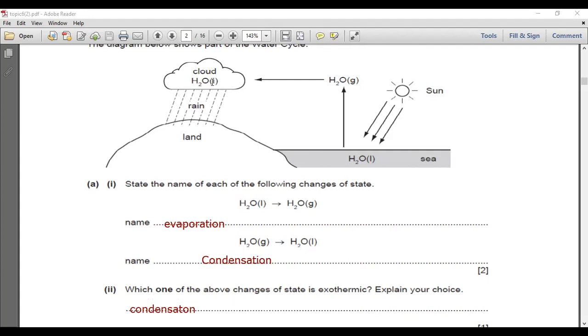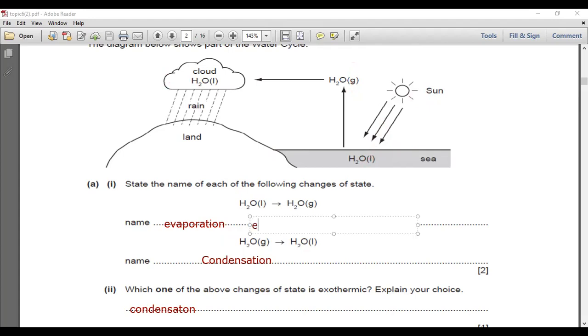But which one is endothermic? Evaporation. You can see H2O liquid takes in energy from the sun to convert from liquid to gas. So evaporation is endothermic. Why?